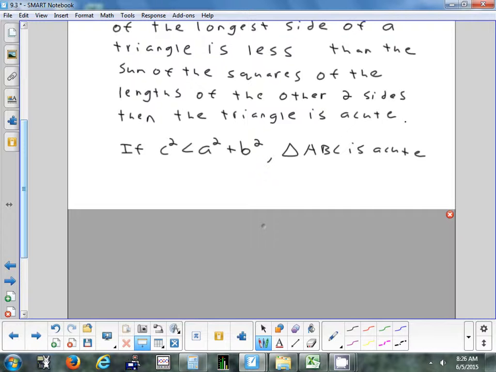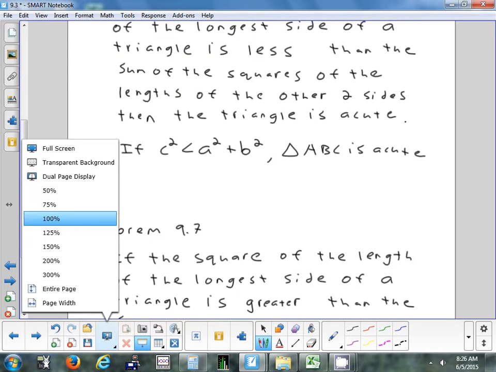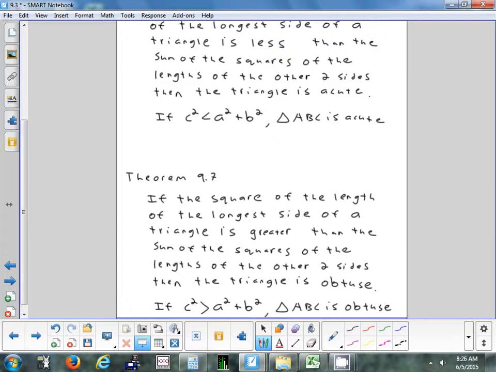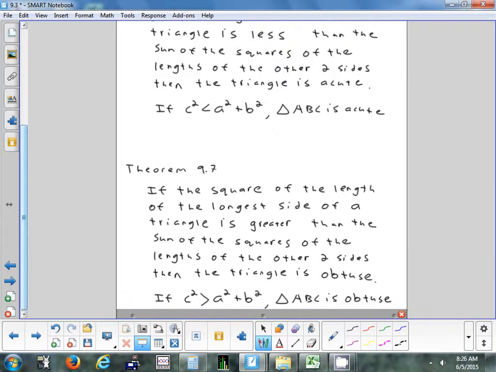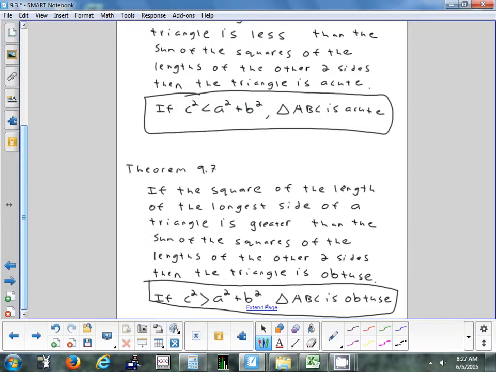So if you square the hypotenuse and it comes out bigger than the sum of the squares of the other two sides, that's when it's going to be obtuse. Okay, so I'll leave the writing up, but I really think I would just copy down this and this. Okay, so if you square the hypotenuse and it comes out greater than the sum of the squares of the two other sides, then it's obtuse.